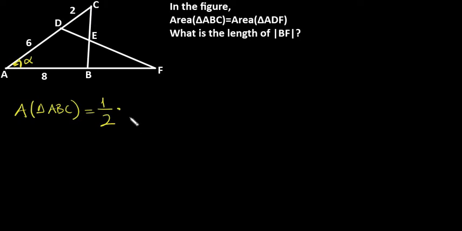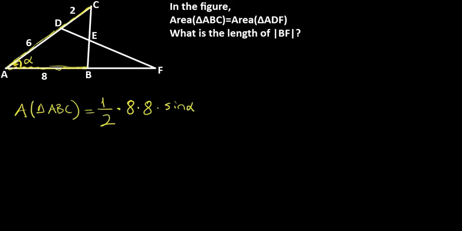So AC is 8, because 6 plus 2 is 8, times the length of AB, which is also 8, right? So let's be careful. AC times AB, times sine of alpha. This is the area of the triangle ABC.